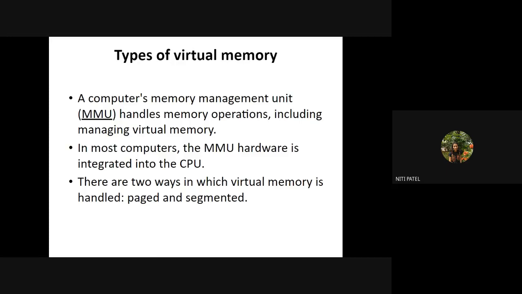Now, can anyone tell me what is a page table, or what is there inside a page table? Page number and page offset. Okay, it is page number and page offset, correct. And what is there in the segment table? Any idea?